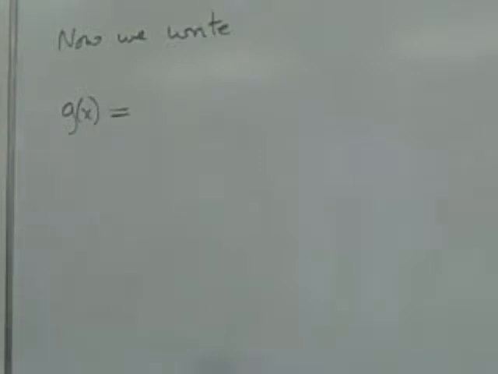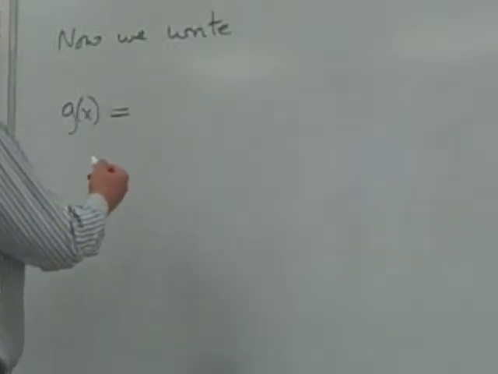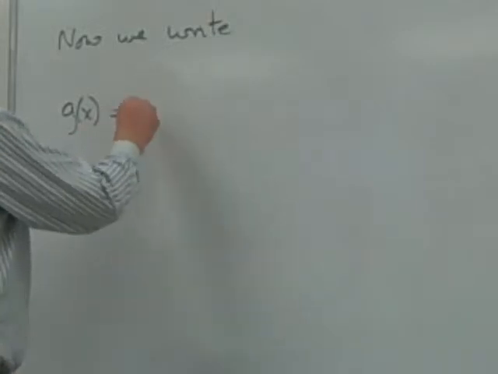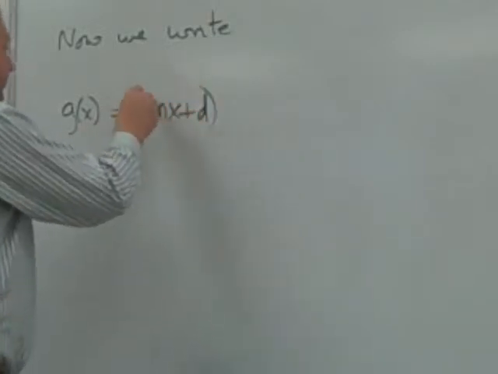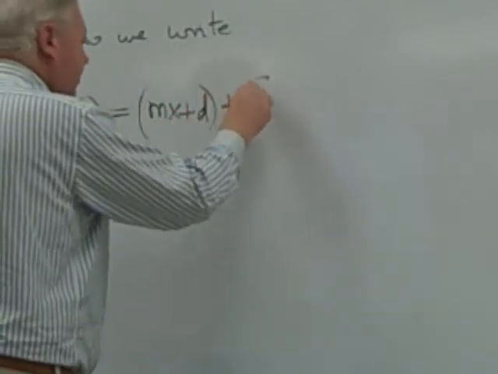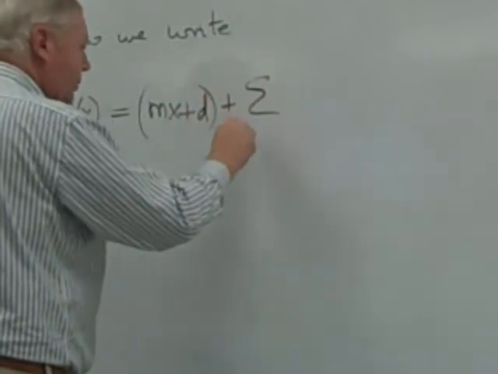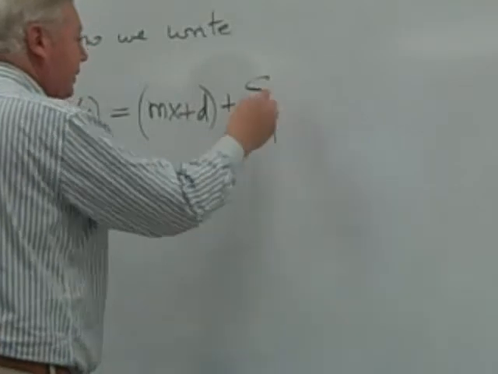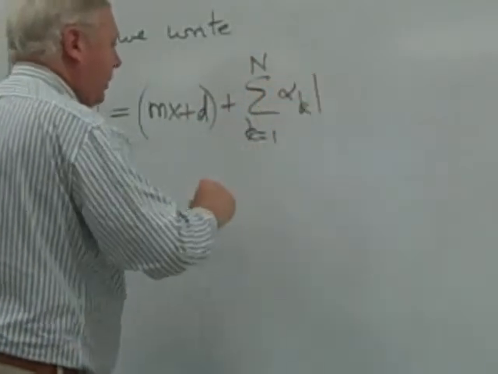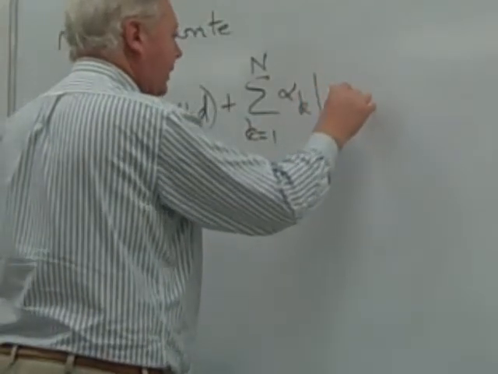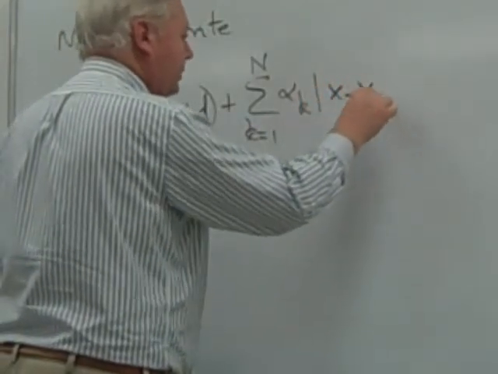It's a finite number of times. So g of x is equal to mx plus d plus the sum k equals, say, 1 to capital N alpha sub k, absolute value of x minus xk.